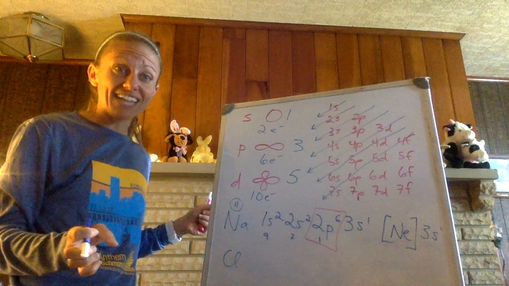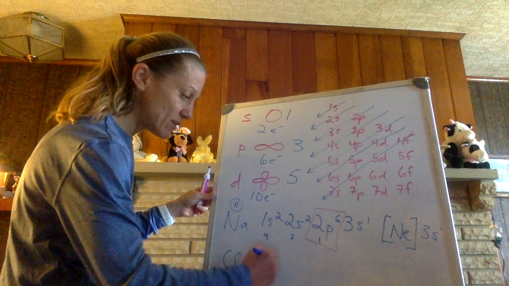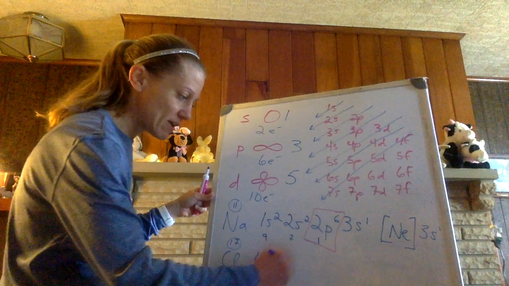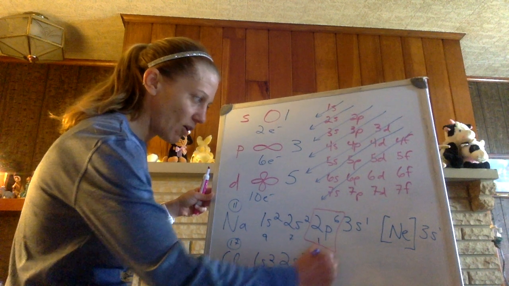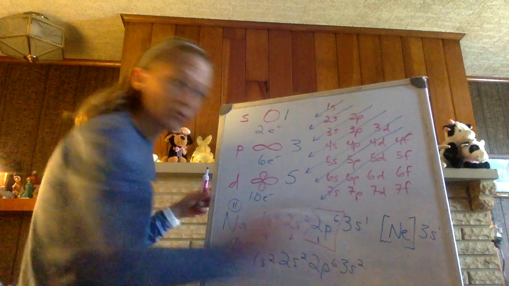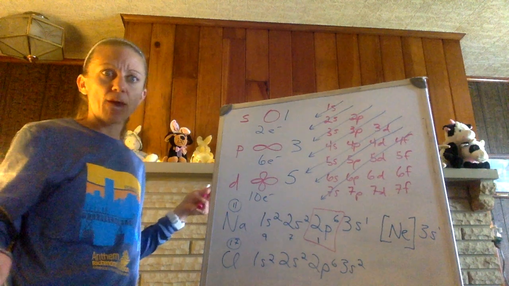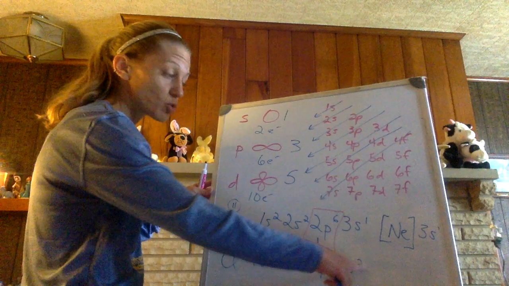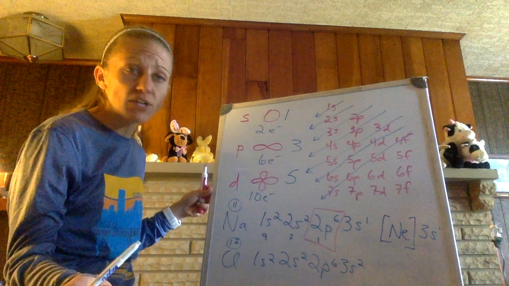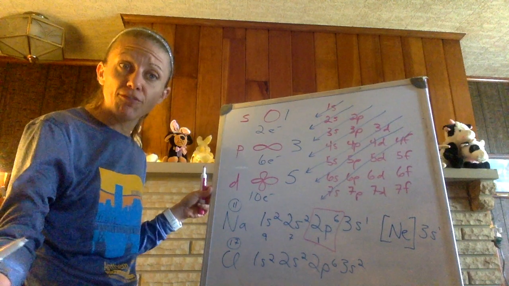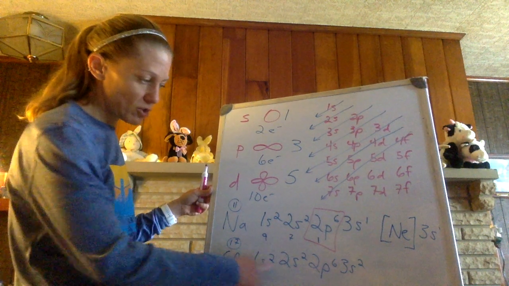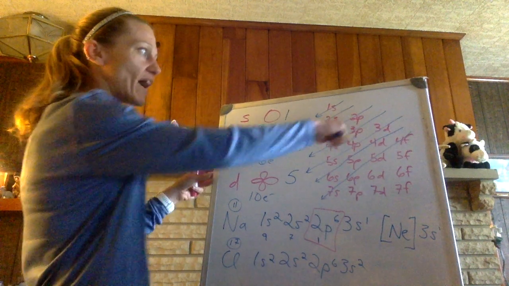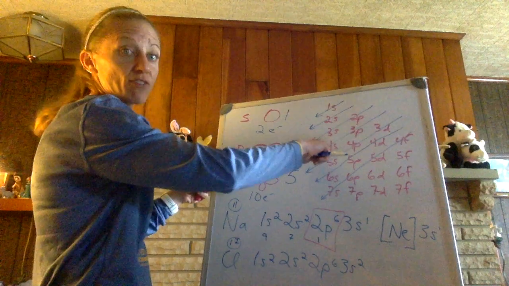For chlorine, what's nice is I know chlorine is 17, and I've got the same startup on these. My orbitals are always going to fill in the same order. How about that? What I've used here, 2, 4, 10, 12 electrons already, and I only have 5 more to put in to give me the 17 I need. Chlorine would be 17, so after 3s, I'm out of arrow.